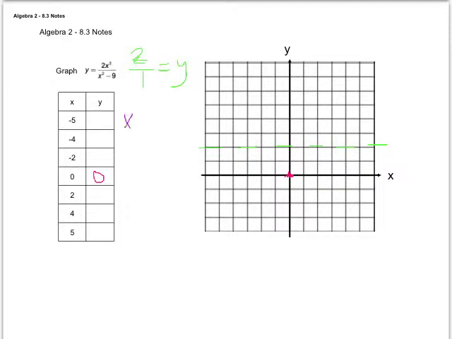So if I take x squared minus 9 equals 0, that gives me x squared equals 9. So x equals the square root of 9, plus or minus. So x equals plus or minus 3. And since x equals plus or minus 3, then at plus or minus 3, I have vertical asymptotes.